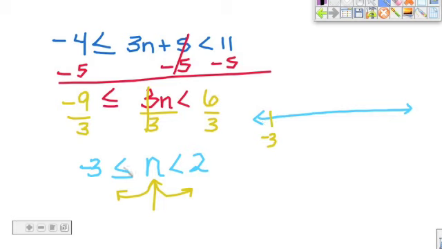It's greater than or equal to, which means it's going to get a closed circle. Now let's read this side. N has to be smaller than 2. So let me put a 0 here to show that we're getting larger, and then I'll put a 2 here. It has to be less than 2, but it's not an equal to, so it's an open circle, which means this is our range in between these 2 points.